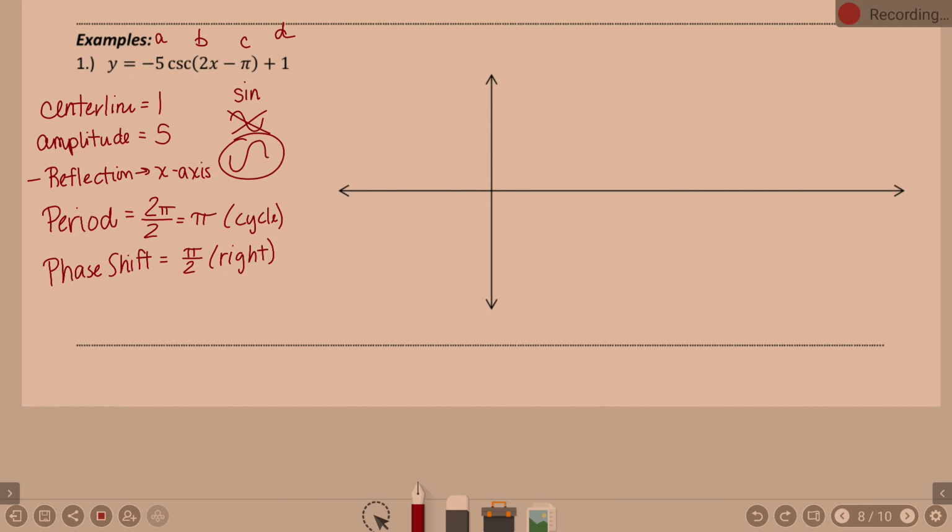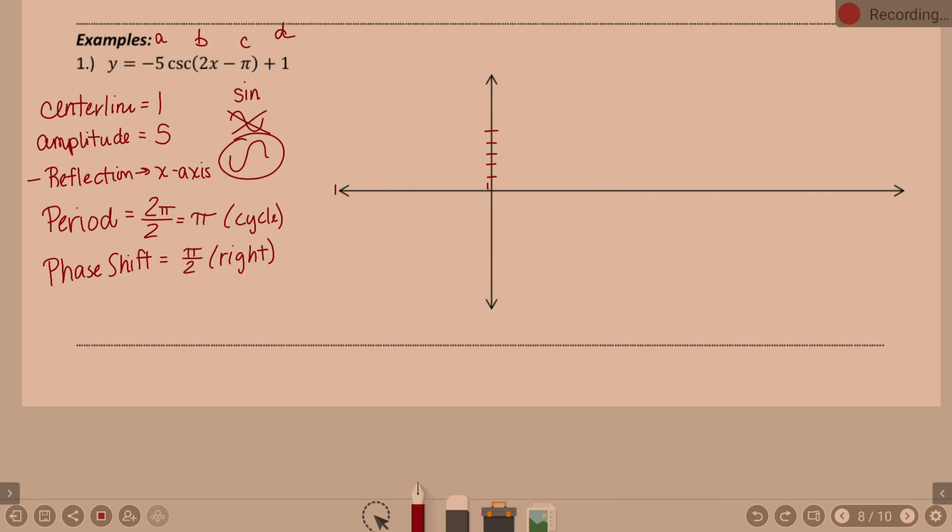Let's see. My center line labels at 1. Yikes. We have an amplitude of 5, but we also don't want to use the whole y-axis, do we? Because we need room to flip. So, how high up are we going up 5?